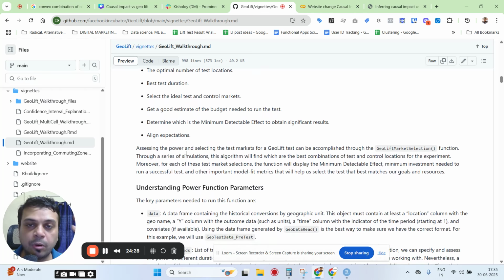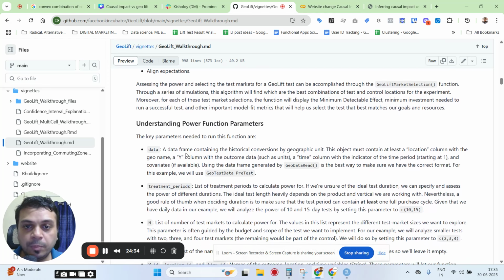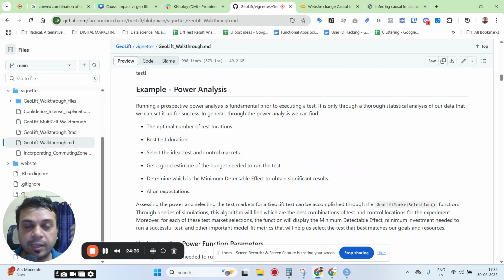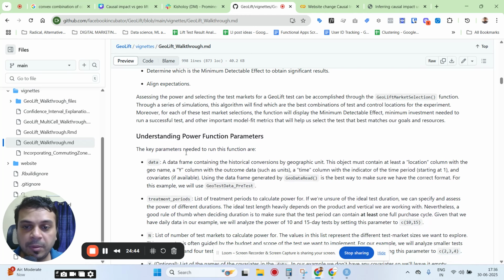Now this is the most important part of the GeoLift test in the pre-test phase, where you're trying to understand how statistically significant a certain lift is going to be. Suppose you're trying to look for a lift of say 5% or 10%, that's your MDE, minimum detectable effect.